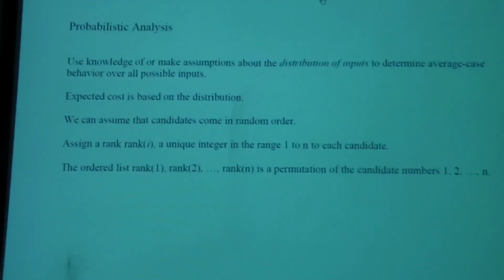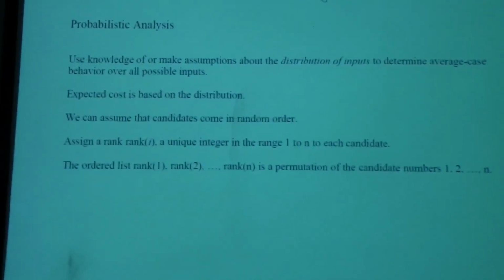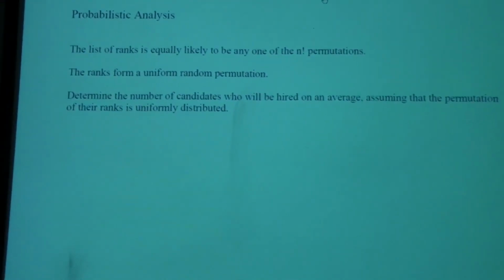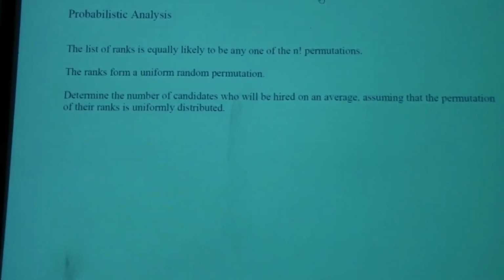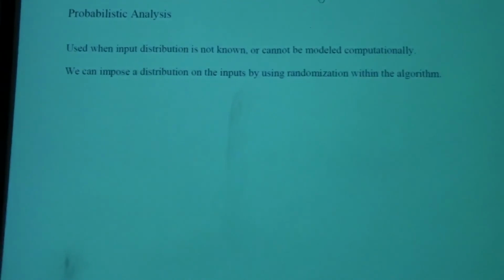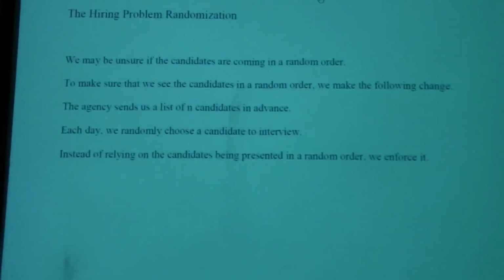Okay. So we're going to assume that candidates come in random order. So we know that we have a set of random n factorial possible orders or permutations. This is just showing us how we can randomize the data, so I'm not going to worry about that.